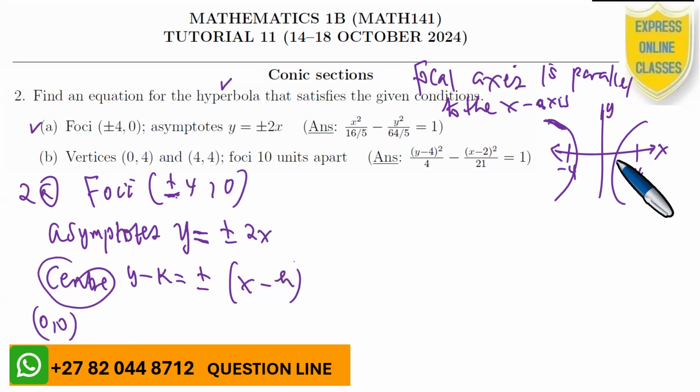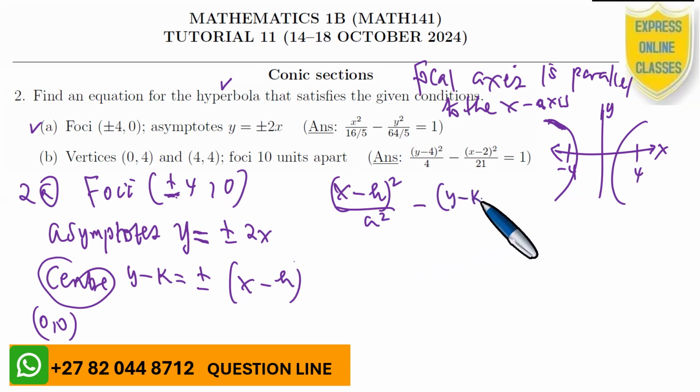And then for a graph like this, x is positive. If x is positive, then you're going to have x coming first, squared over a squared. This is the formula that we're going to use: y minus k squared over b squared equals 1.